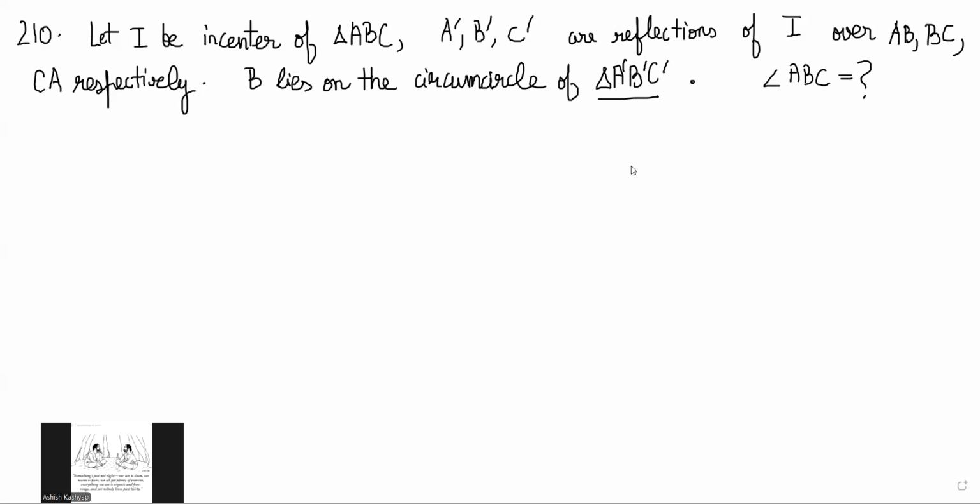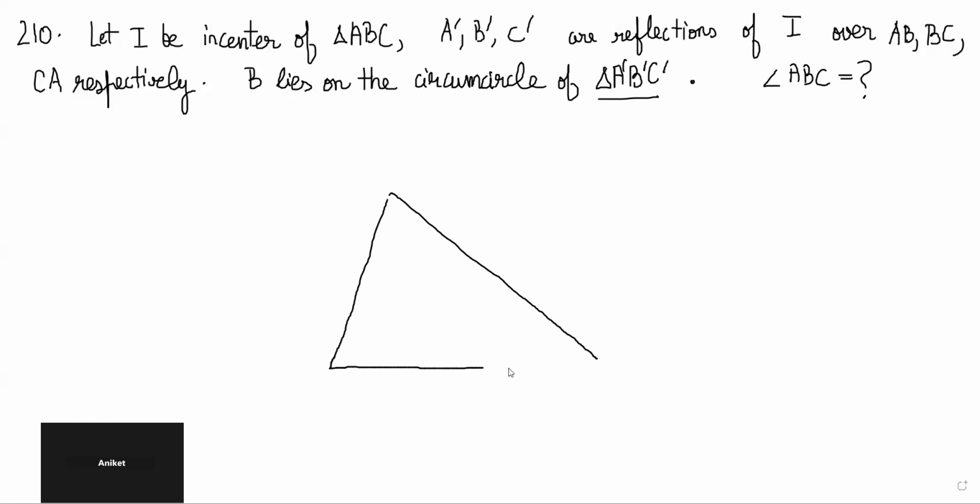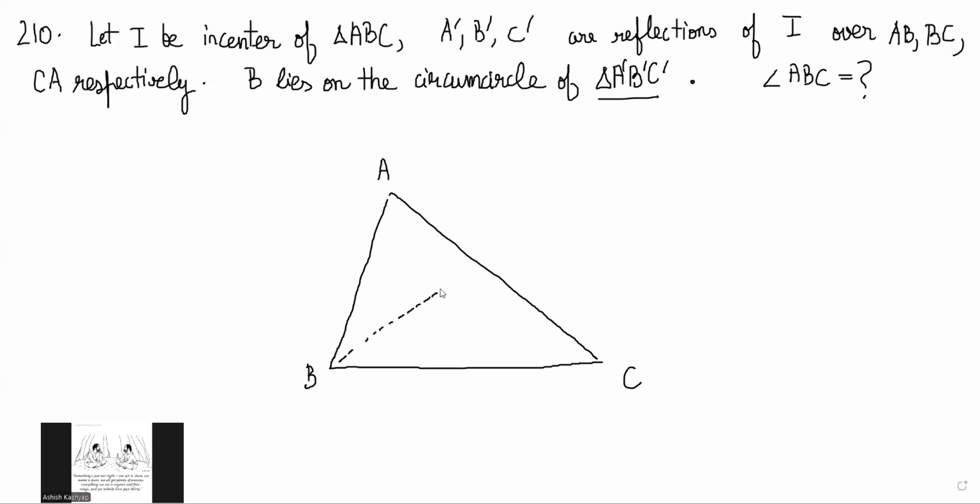Okay. So let's draw a figure. A, B, and C. And we need the incenter here somewhere, and we need to reflect the incenter. So let's say incenter is here.